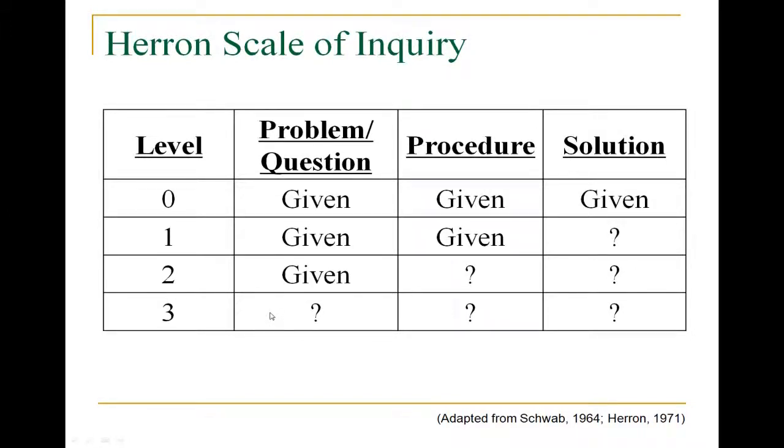Or in level 3, students are able to pursue their own problem or question generated from the list, such as in the milk activity. So some students might be interested in looking at the fat content and how that affects the reaction, and other students might be more interested in the different detergents, what different brands cause different reactions.